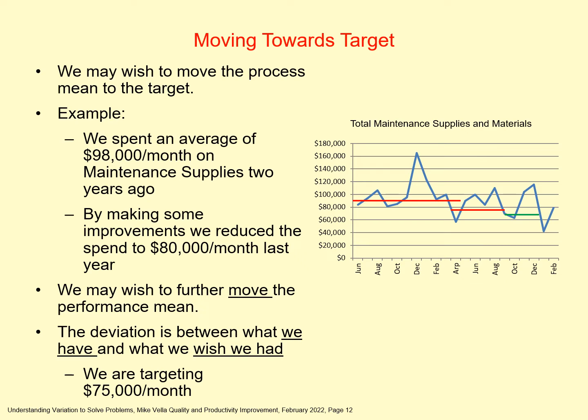Well, your boss may say, gee whiz, we'd like to move that even further to reduce it to $75,000 a month. So that's an objective that you could graph on your average chart, as you can see on the right-hand side. Maintenance supplies and materials, you're trying to make the process go out of control in a good way.